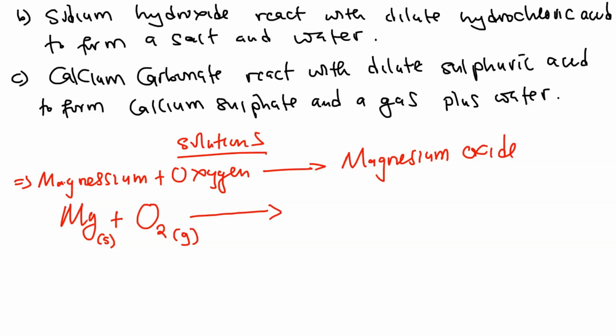What is involved in magnesium oxide is magnesium and oxygen. Valence 2, valence 2. And therefore magnesium oxide is written as MgO. And of course this one, solid and gas reacting, the resulting product is a solid. So magnesium oxide is a solid. Okay? So this is what is going to form.